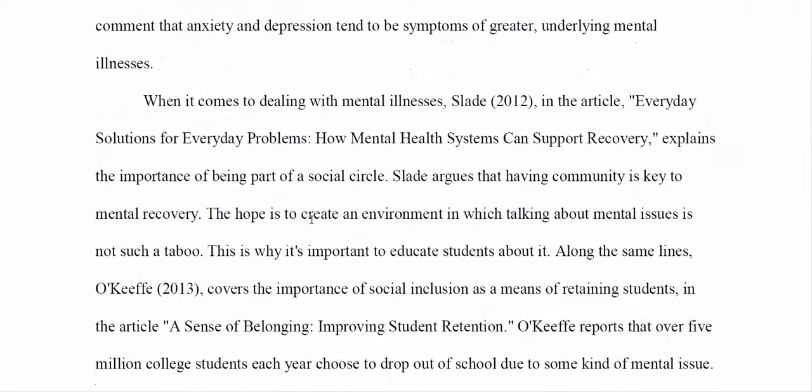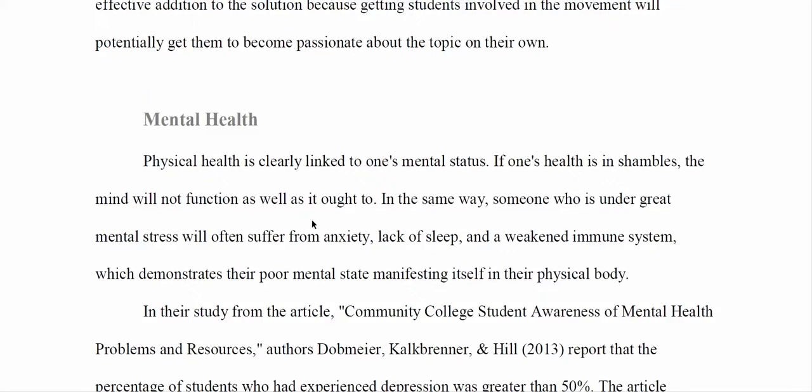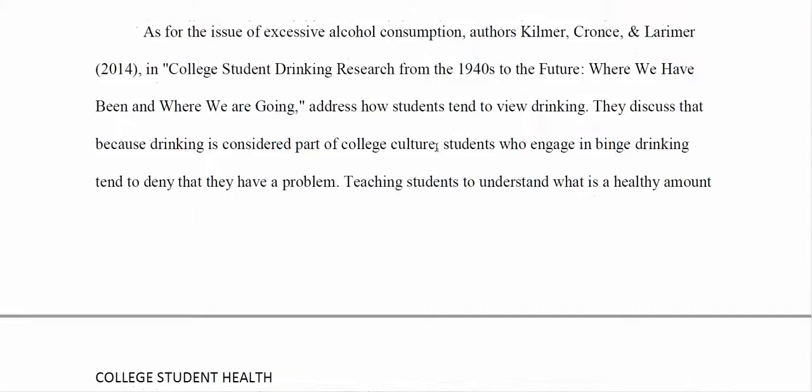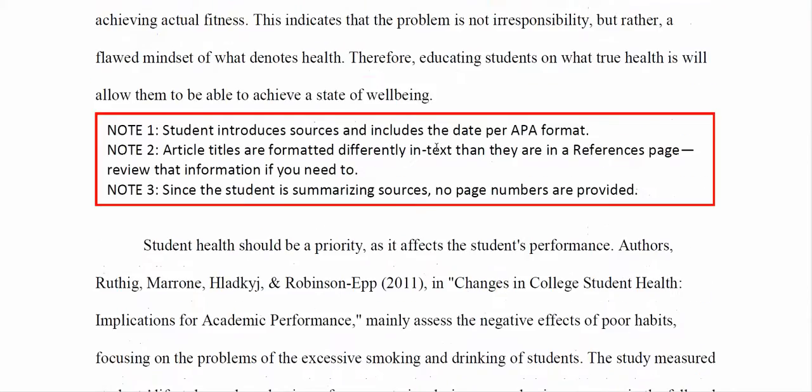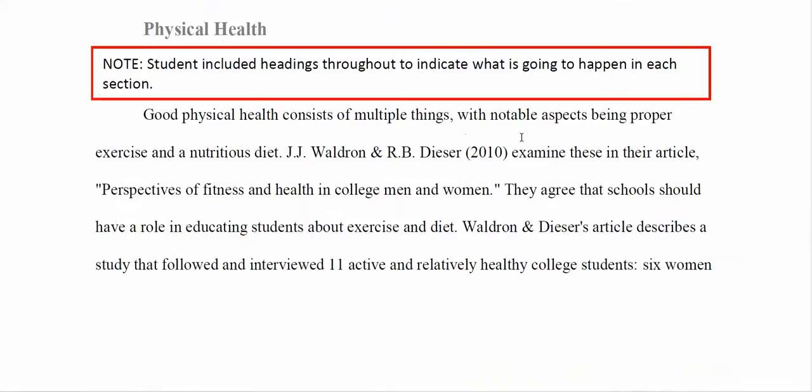So part of what a literature review does, it reviews the materials you have found for the reader and explains what other people have found, what studies are saying, in your case, what other solutions have been found. And then the majority of the rest of the paper after your literature review will be what is your solution to the problem.